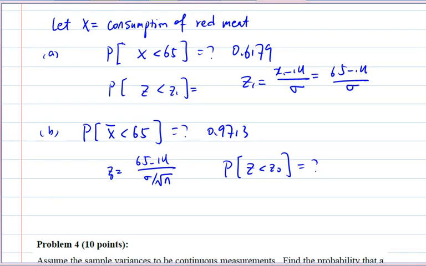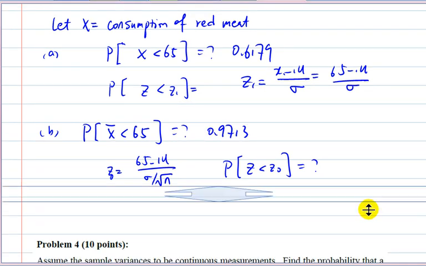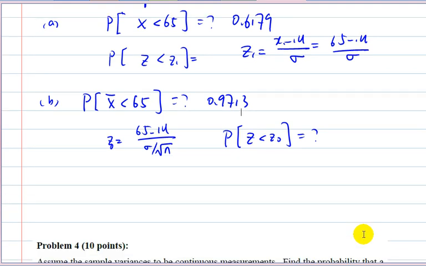So what this tells you is that the probability for the sample mean to be less than 65 is much higher than when you sample just one consumer, which is less than 65. So what's the reason?